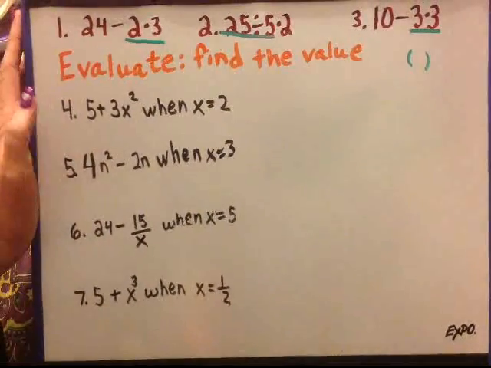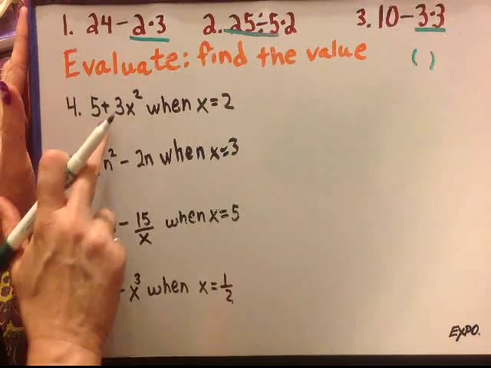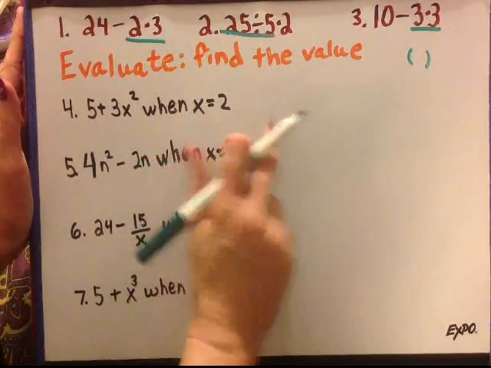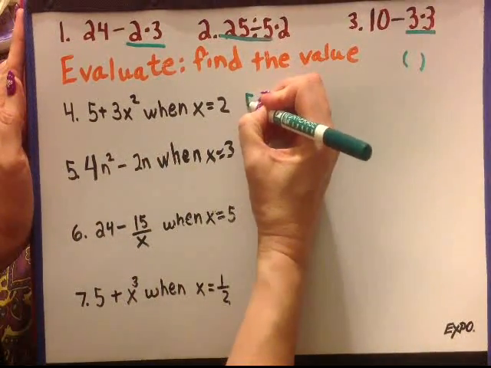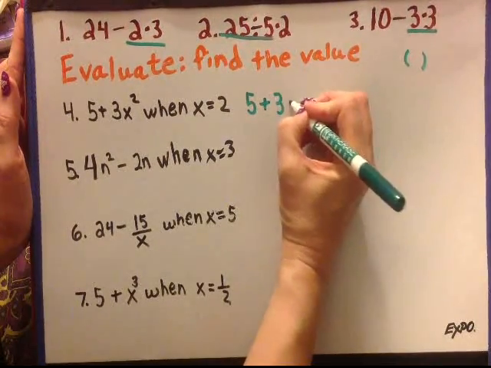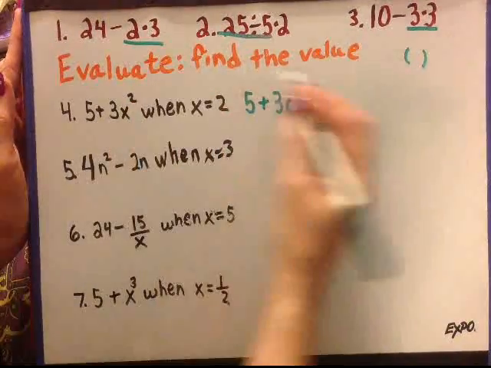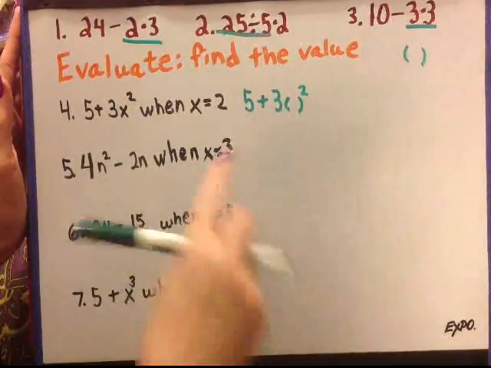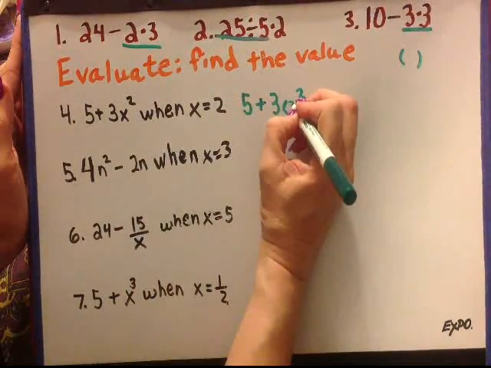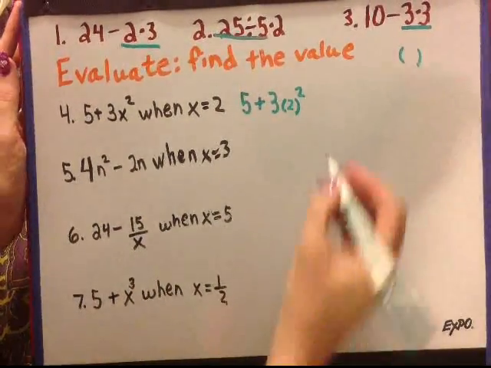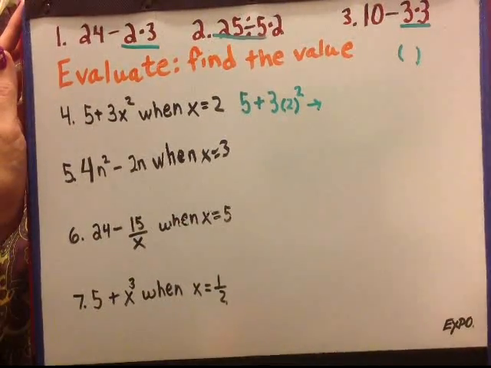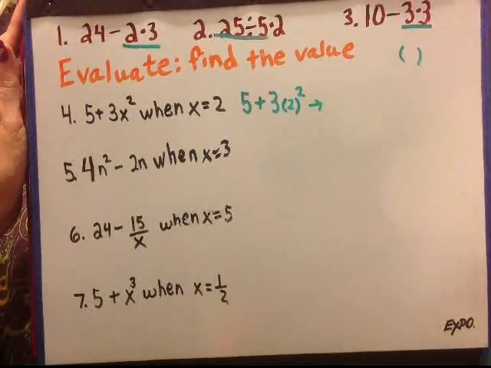With number 4, our expression says 5 plus 3x squared when x equals 2. First we're going to rewrite this expression, but put parentheses in place of the variable. Now I'm going to put the value of the variable, a 2, in those parentheses. The order of operations tells us to do parentheses first.